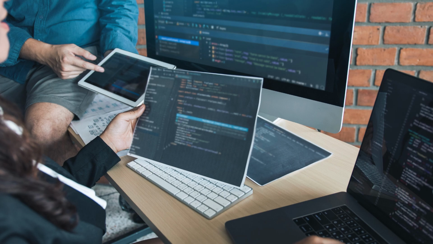The business analysts, the BAs, and you can also have the system analysts, the SA.